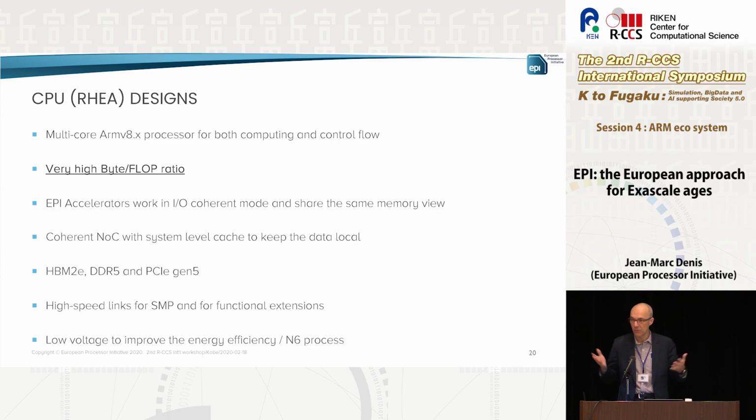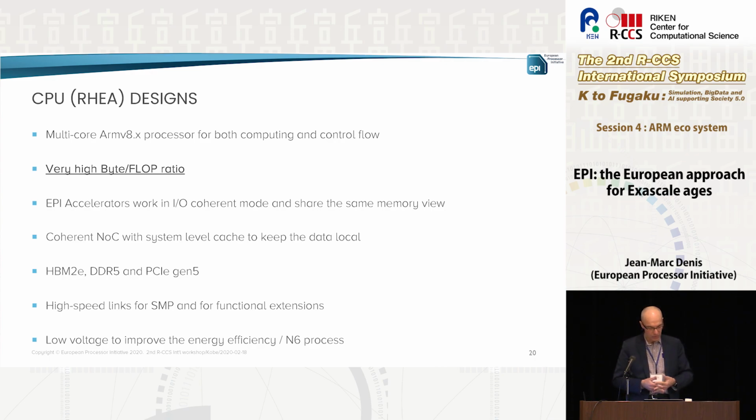Again, this is to help you develop applications with no effort, for having a very high fraction of the peak without any specific optimization. That is very important to help your life, and that will help to reduce the complexity in LLVM or in GCC, for instance. With no specific effort, you get performance out of the box. That is very important. The European accelerator will get I/O coherent on memory mode with the main CPU.